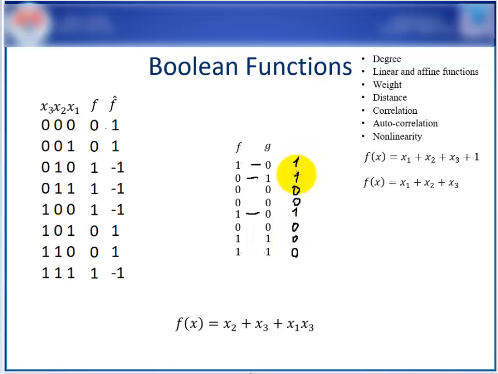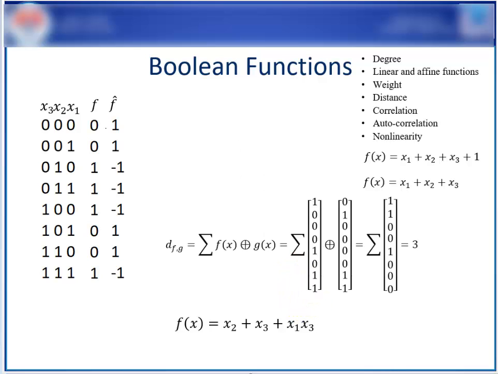If we take the sum of all bits in the resulting truth table, this sum is going to give us the distance between two Boolean functions. That is, the formula for a distance between two Boolean functions can be given in this form.